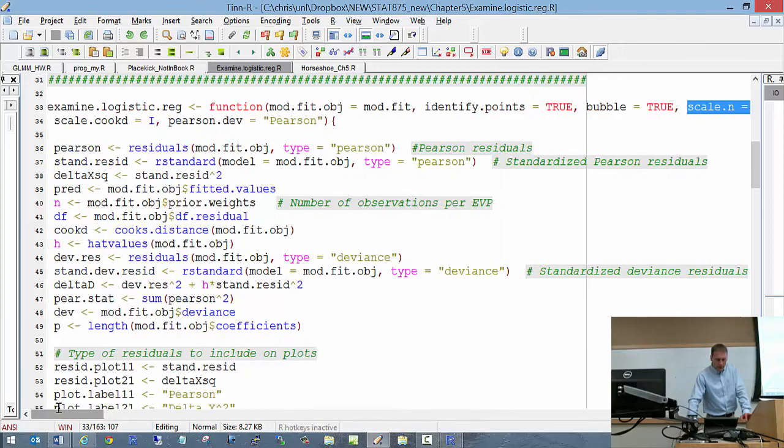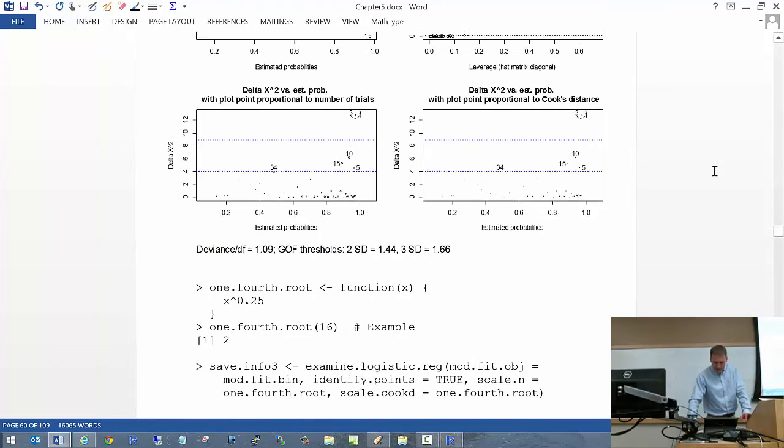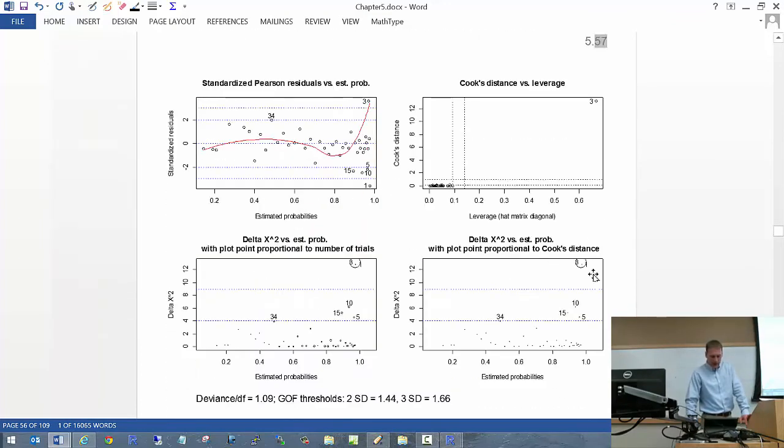There's a similar argument, scale.cookd, for the bottom right-hand plot. So for example, if I do a square root transformation for the bottom plots, this is what I get.